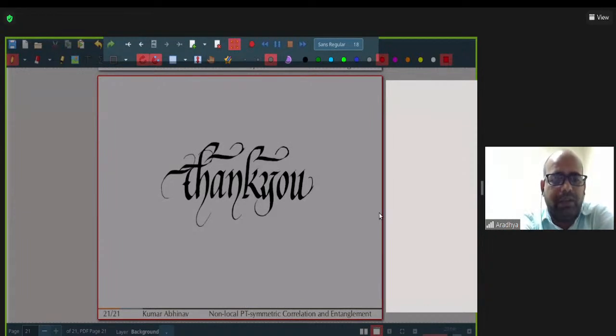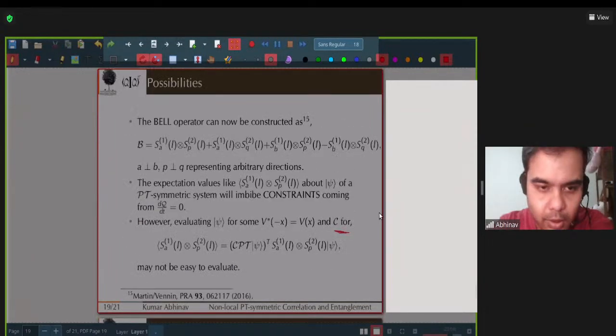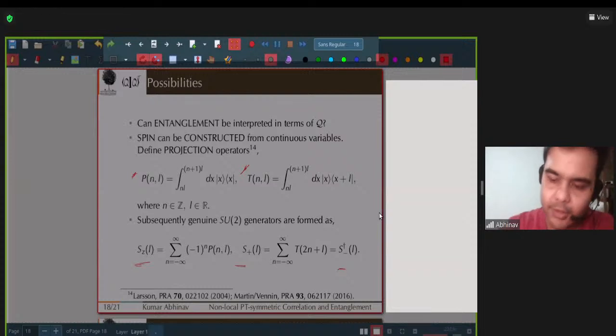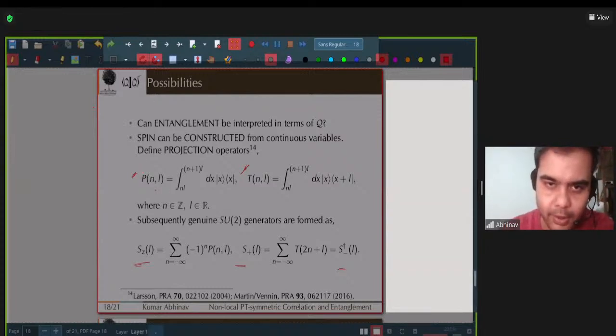Can you go to slide number 18? Yeah, what is this PNL? So both PNL and TNL are projection operators. You know that if I take the integration from minus infinity to plus infinity, this is just the unit operator in the position basis. But you are not doing that.